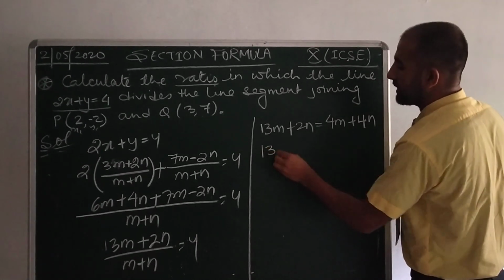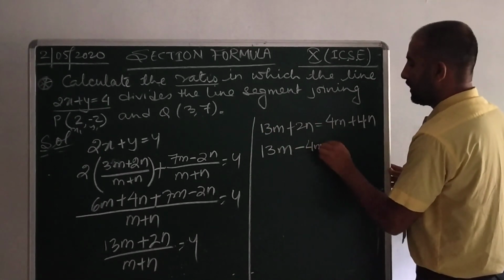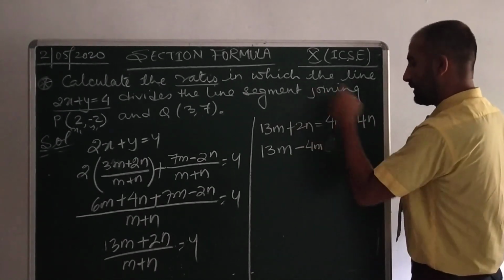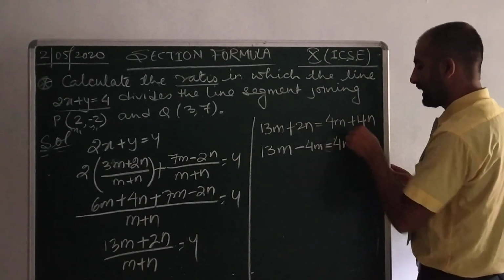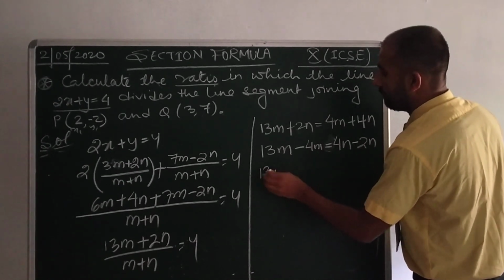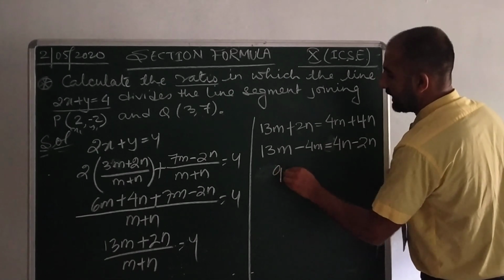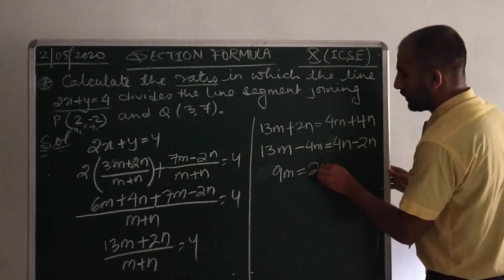Okay, so let's extend. I'll take this 4m to that side, that is minus 4m. Let me take this 2n to that side, that is 4n we already have out here, I'll bring this side, minus 2n. So 13m minus 4m, that is 9m, equals 4n minus 2n, that is 2n.